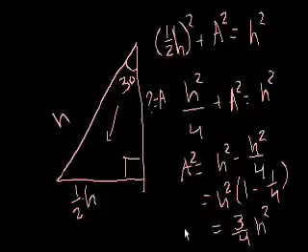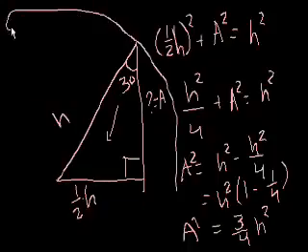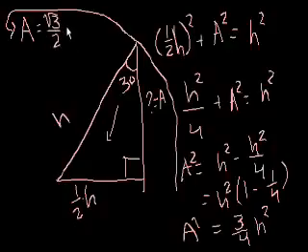And once again, that's equal to a squared. I'm running out of space, so I'm going to go all the way over here. So we take the square root of both sides, and we get a is equal to the square root of 3/4, which is the same thing as the square root of 3 over 2, and then the square root of h squared is just h.